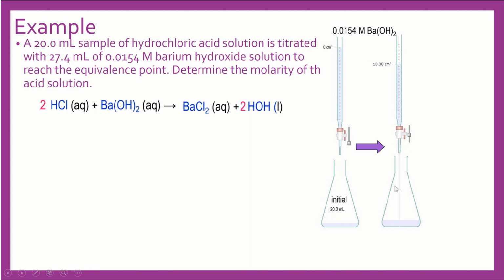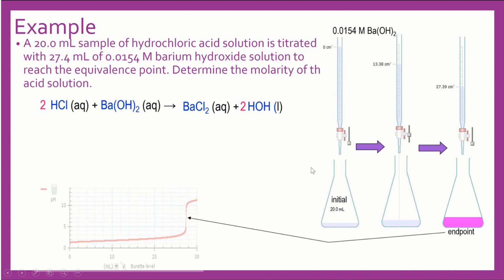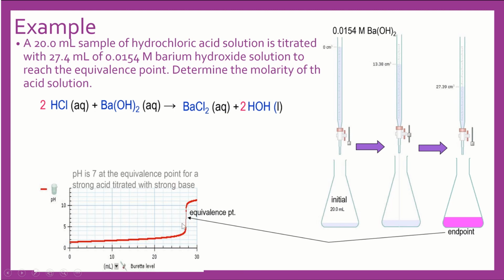So you see us draining the base into the acid. It goes down 13.38 cubic centimeters, or 13.38 milliliters. And we're trying to hit that end point again where it changes colors. Again, for us, it happened here, 27.4 milliliters. We reached the end point. That should be at the pH of 7, right in the middle of our graph there, the equivalence point.